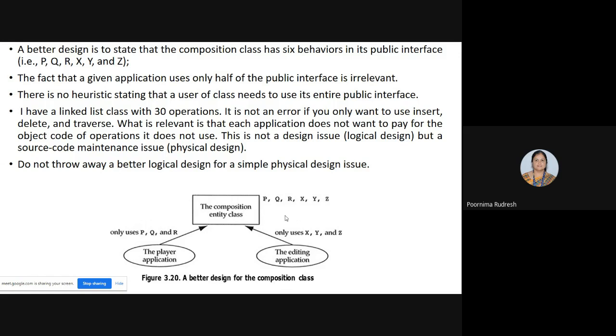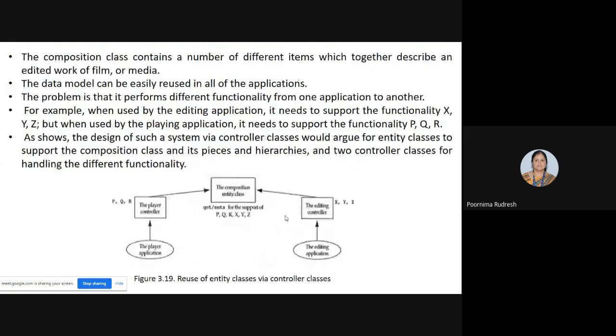Okay, so this is about examining the use of separate entity and controller classes. Here we are considering an application of media composition. It consists of different applications like the editing application and the player application, where the editing application makes use of some set of behaviors and the player application makes use of another set of behaviors. If they are all placed in the common entity class, then the problem arises.